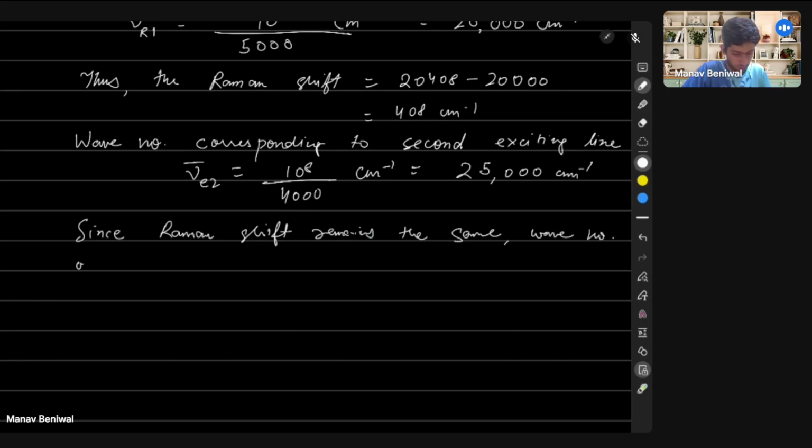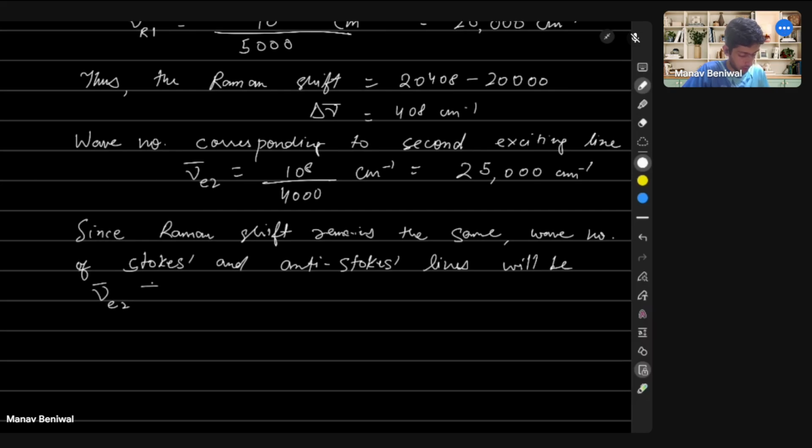the wave number of Stokes and anti-Stokes lines will be nu bar E2 minus or plus delta nu bar.